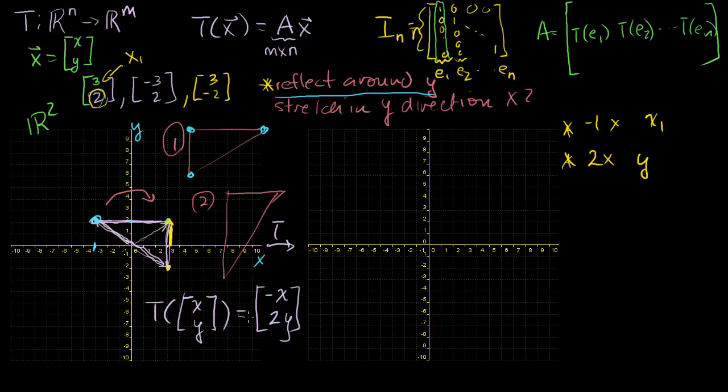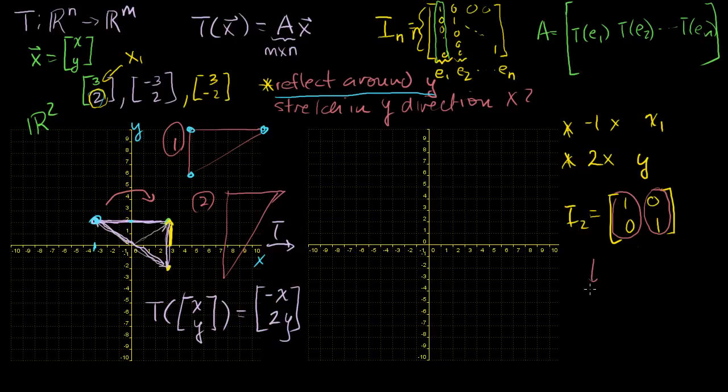But how would I actually construct a matrix for this? We're dealing in R2, so you start off with the identity matrix in R2, which is just 1, 0, 0, 1. And you apply this transformation to each of the columns of that identity matrix. So if you apply the transformation to this first column, what do you get?